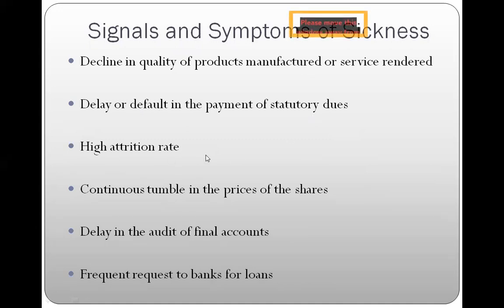High attrition rate, continuous tumble in the price of the shares, delay in the audit of the financial accounts, and frequent requests to the bank for loans. So again and again a loan is asked, the product quality is deteriorating, repayment is not being done, the price of the share is going down.